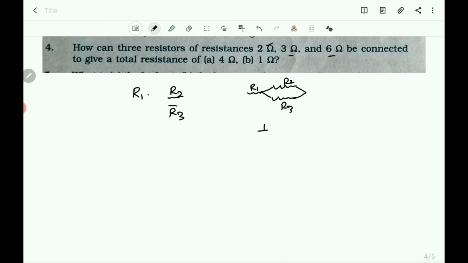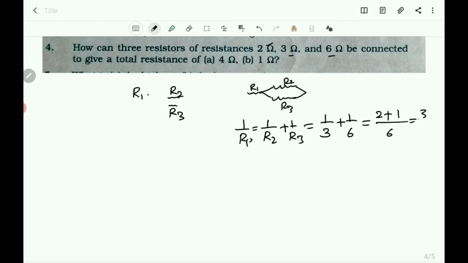1 by R2 plus 1 by R3, that is 1 by RP. So you will have 1 by 3 plus 1 by 6, the LCM is 6, you will get 2 plus 1, that is 3 by 6.